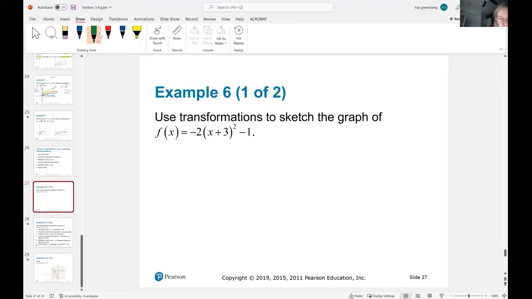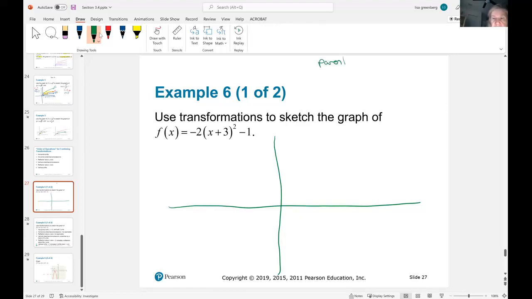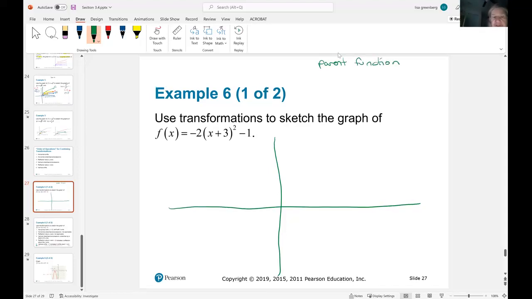So we have to start out with a graph of a parabola, because the parent function, or the function that it's coming from before the transformation, we can see is squared. So let's just say y equals x squared, because f of x equals all these transformations.